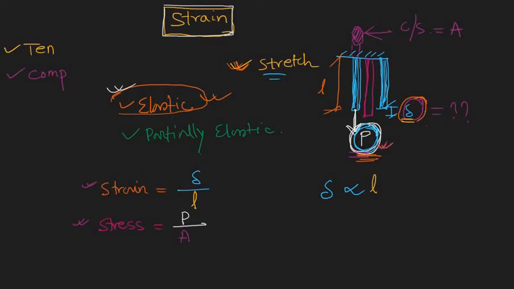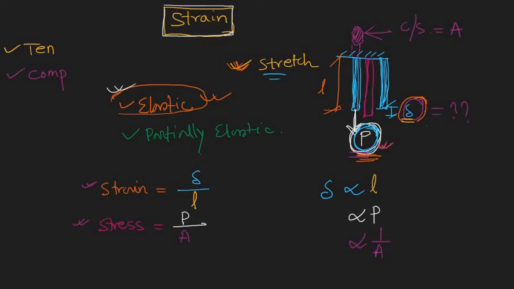It is also proportional to the force. That means the more the force, the more the elongation or deformation, quite natural. And it is also observed that the more the cross section, the less the deformation, or the less the cross section, the more the deformation. That means it is inversely proportional to the cross-sectional area.